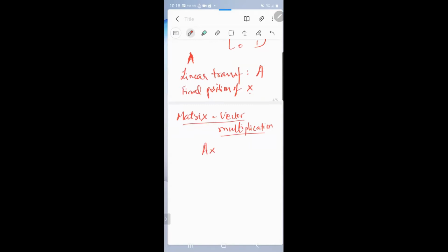You already did this a few times in homeworks. Maybe just a refresher: when you multiply a vector with a matrix, what you get is the final position of that vector when you perform that transformation. Does this make sense? Anyone for whom this is not clear, why AX gives you the final position?